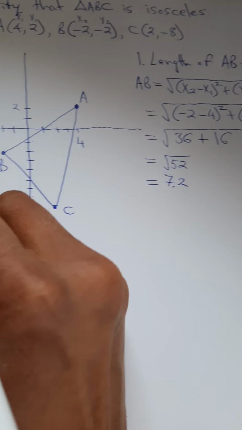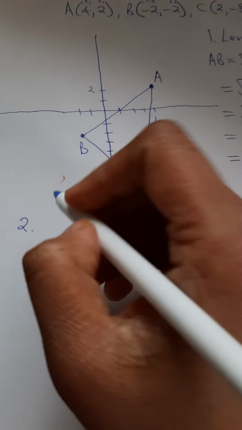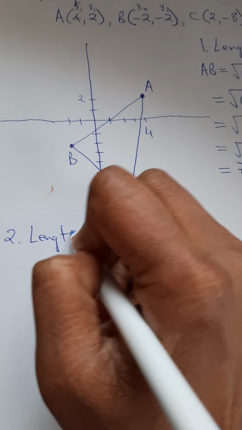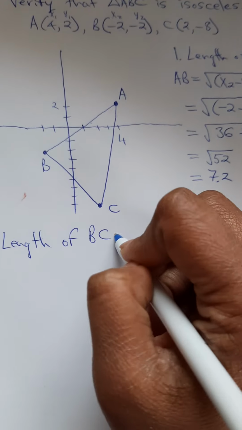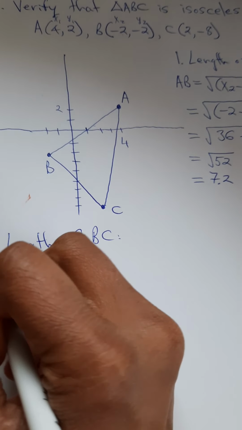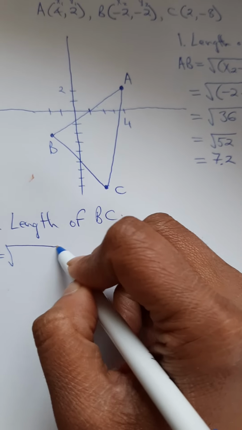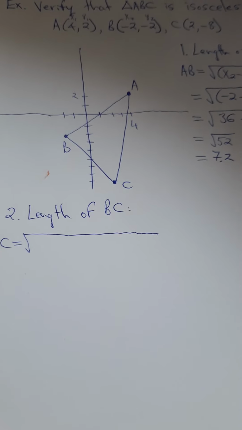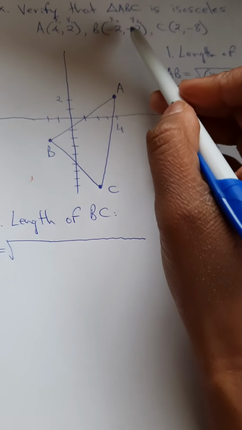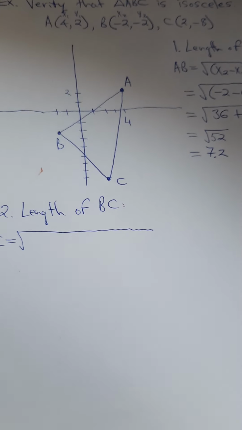Okay, let's write the next one here. Let's do the length of the next side. We did AB, so let's do BC. And then we'll put the square root sign one more time. What we're going to do is B and C, so just change around your values here.